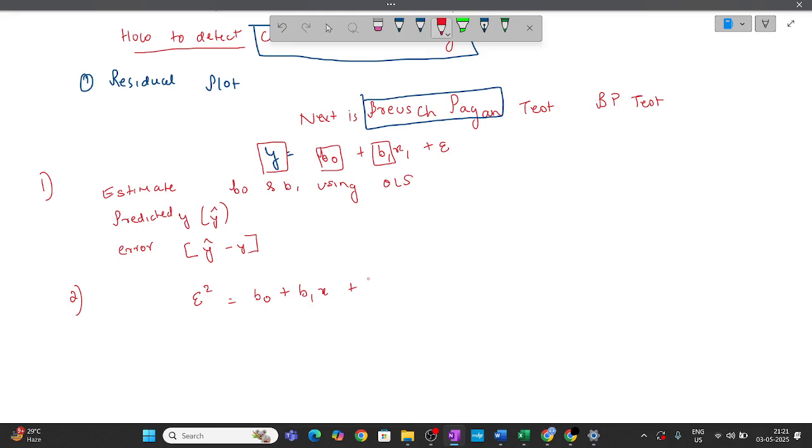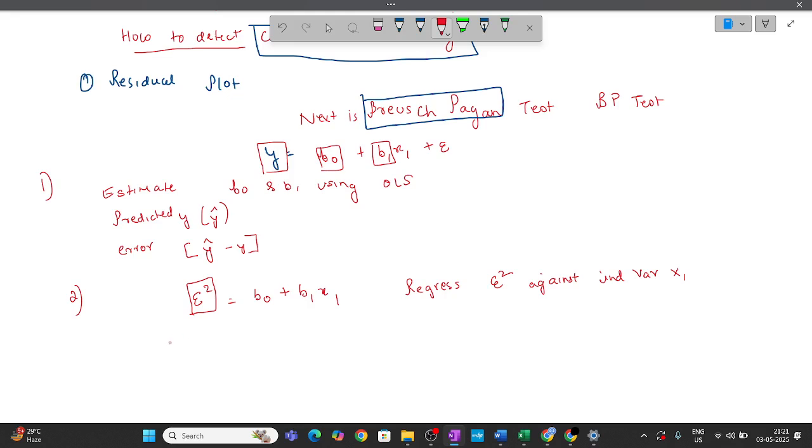So you run this regression, regress the squared errors against the independent variable x1. तो अब मेरा डिपेंडेंट वेरिएबल क्या बन गया, error squared.